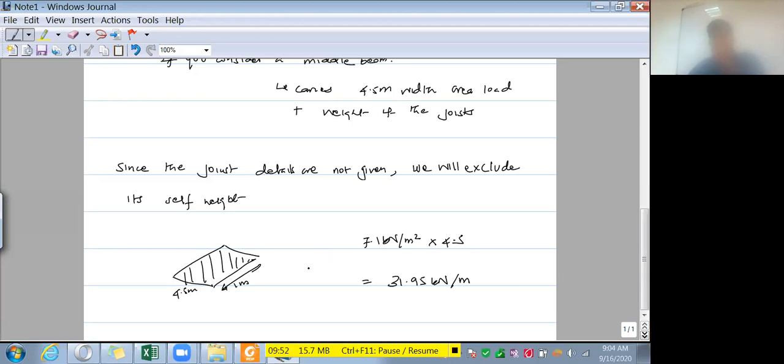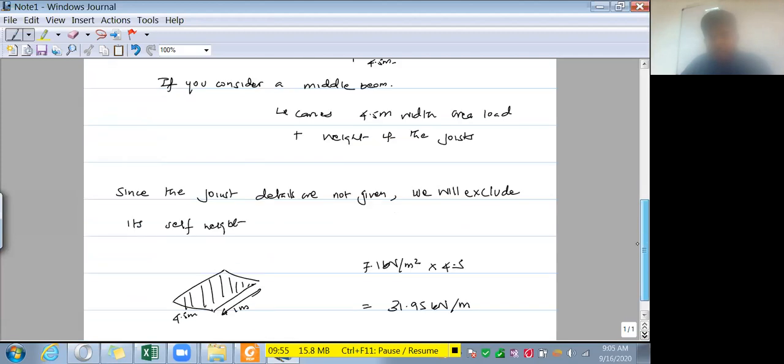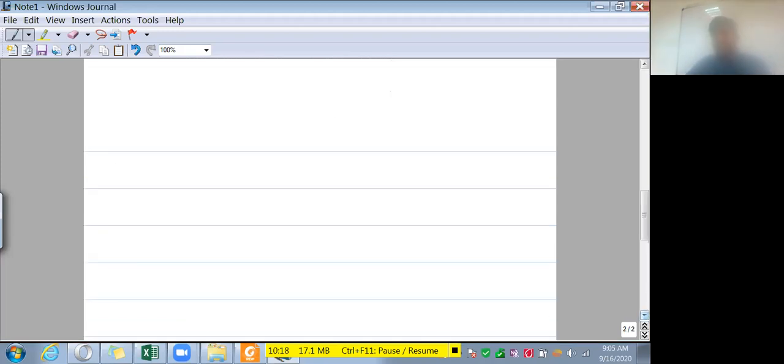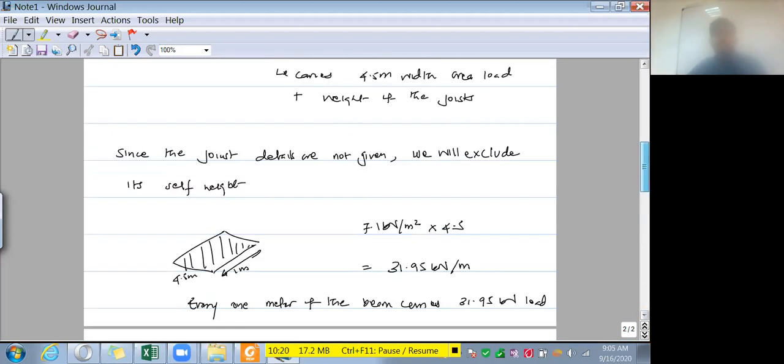So every 1 meter of the beam carries 31.95 kilonewton load. That is the load acting on the beam.